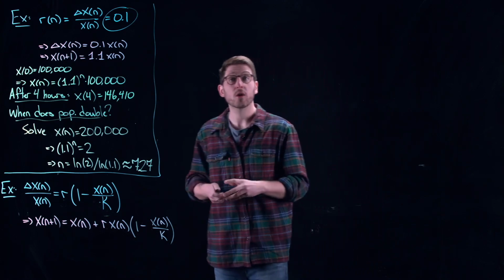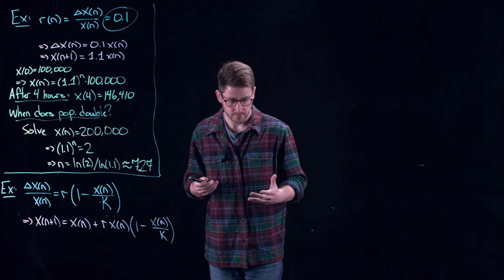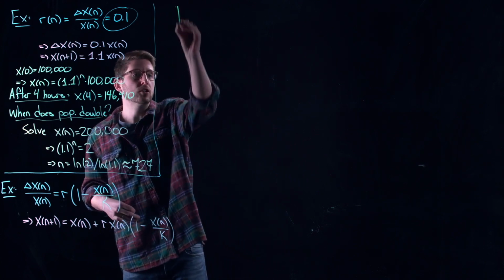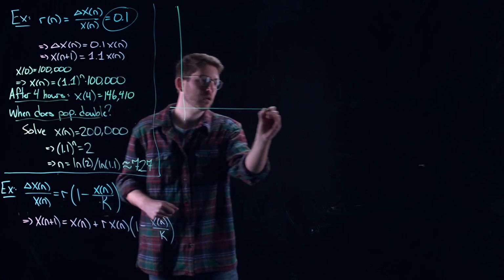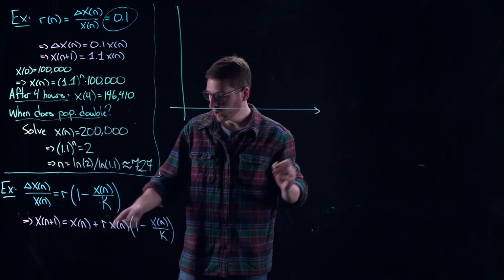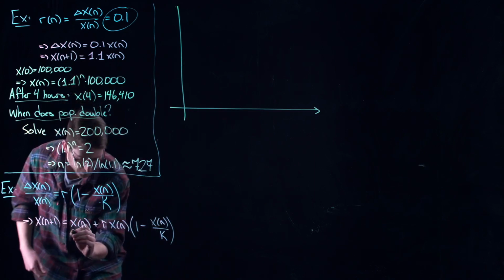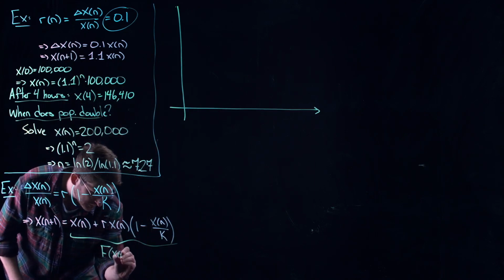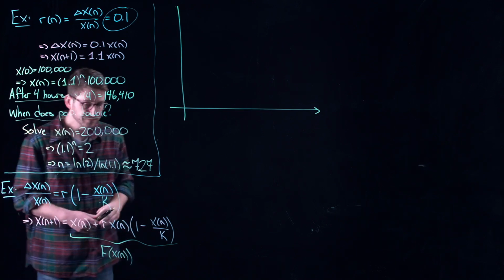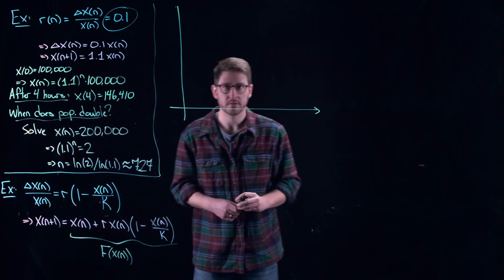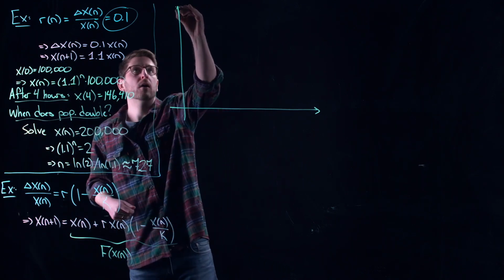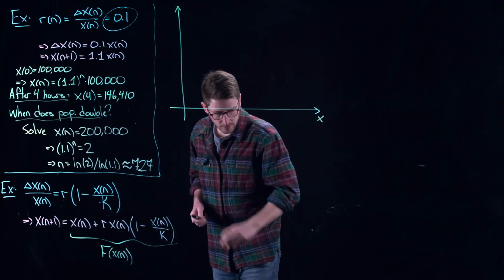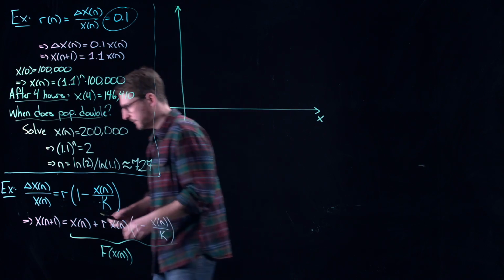Well, this is where my graphical method comes in, okay? So here's what I want to do. I want to sketch out my curve here. If I use the notation from the previous video, this is x of n, f of x of n. Now, that means that I could sketch out my f of x function here.